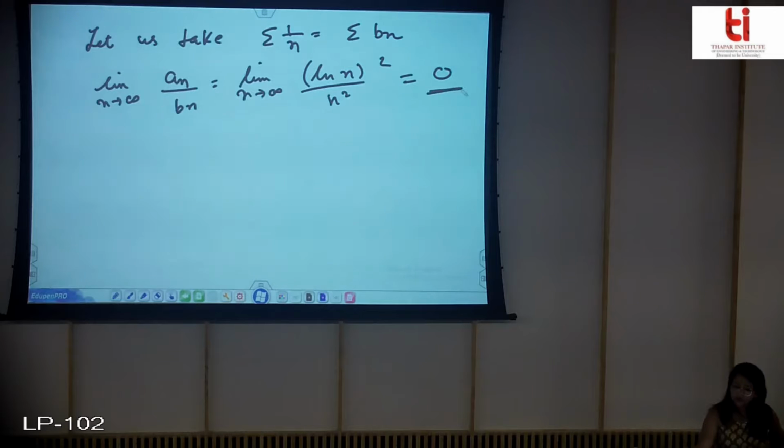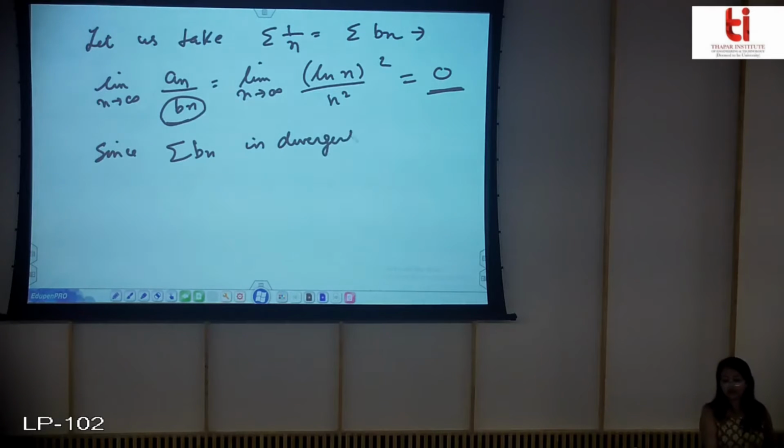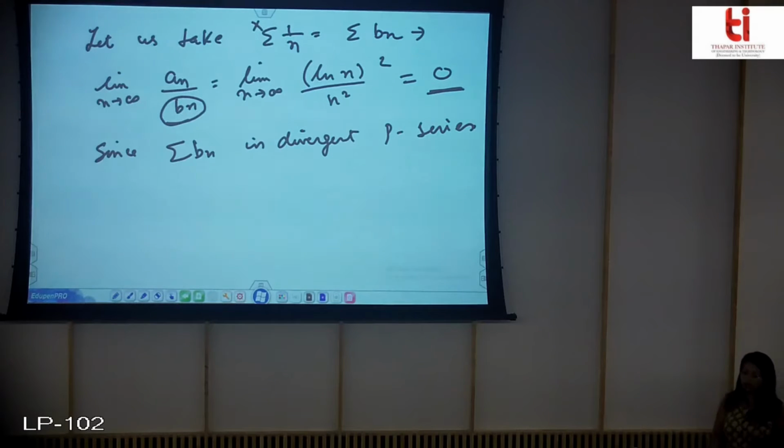But if this is 0 and summation of Bn is divergent, since it is a P series, it is again a wrong choice. That is, you cannot take Bn as this and you cannot conclude anything with the limit comparison test.